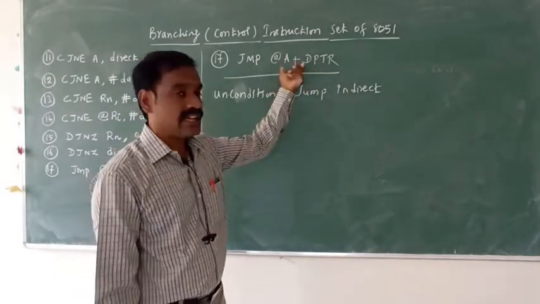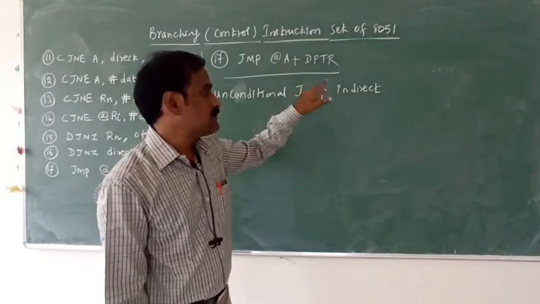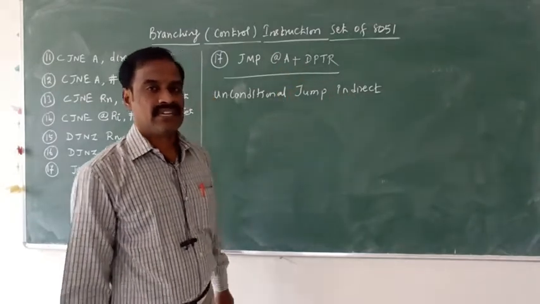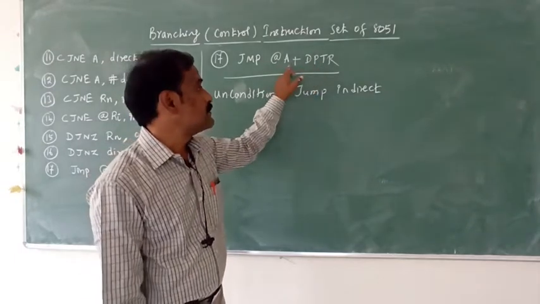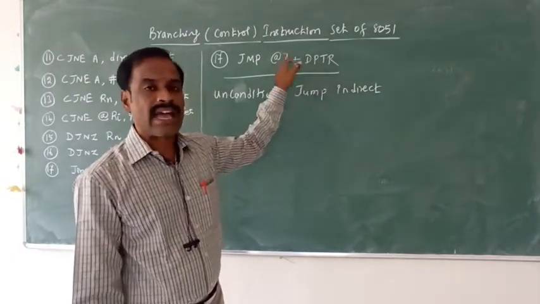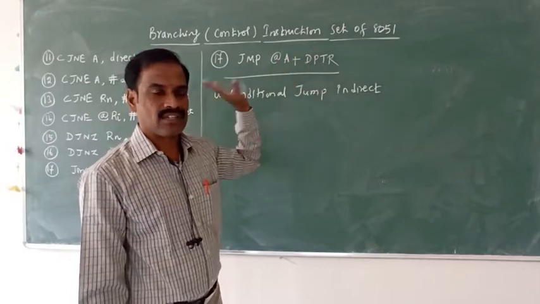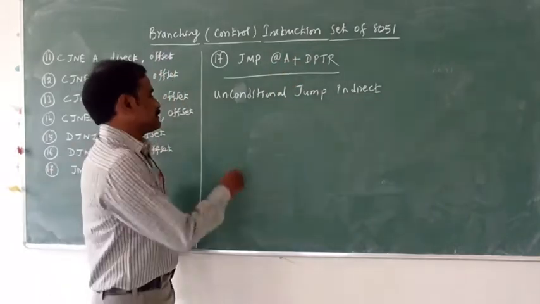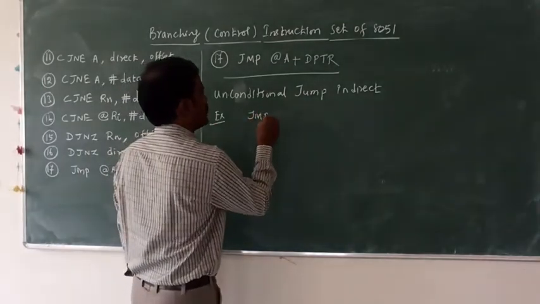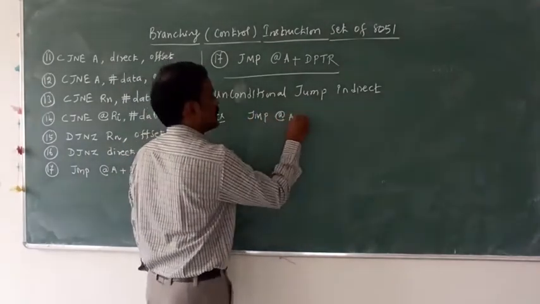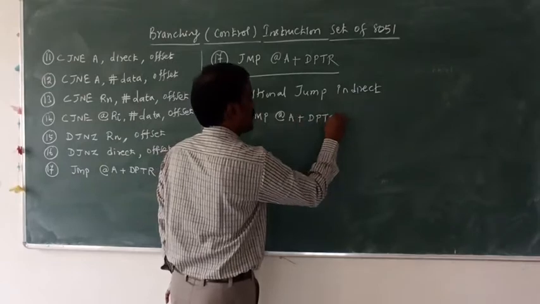Here the memory is not directly available. The memory will be indirect. Here memory is not directly initialized; the memory will be available in a register pair. Example, JMP @A+DPTR.